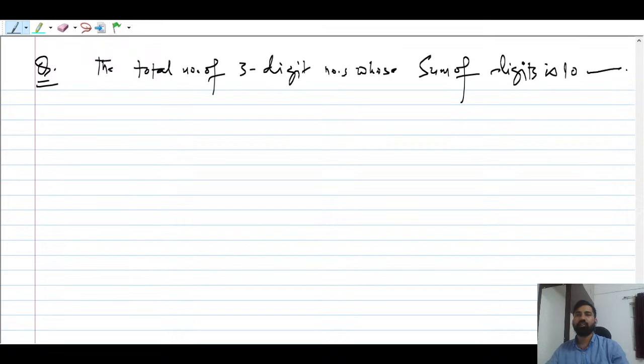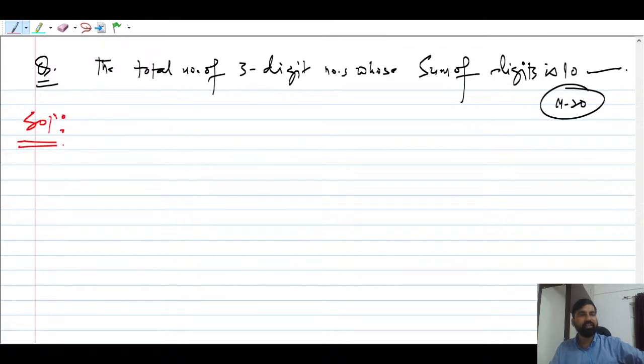You have to find the total number of 3-digit numbers whose sum of digits is 10. You have to add all the digits, so you should get the sum as 10. This kind of problem was asked in Mains 2020, right, that you have to remember.